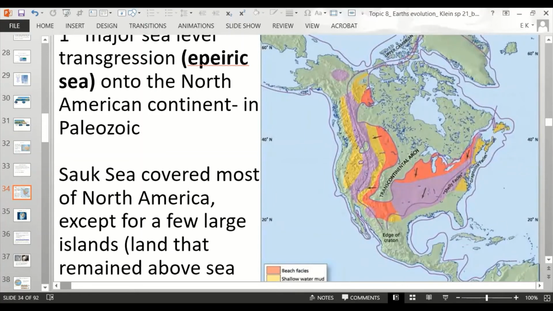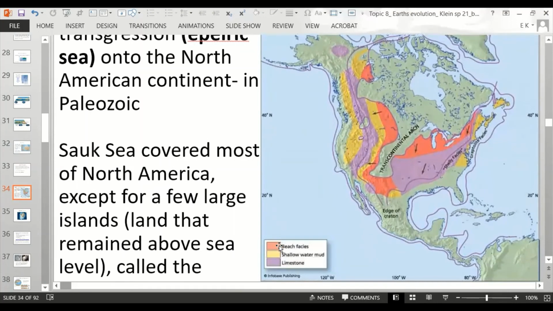Okay, and then if we look, the different colors here show different types of rocks that formed related to the seawater. So pink is beach, that's beach sediments or shallow sediments that you would find near a beach. And then the yellow is shallow water mud, and the purple is limestone.